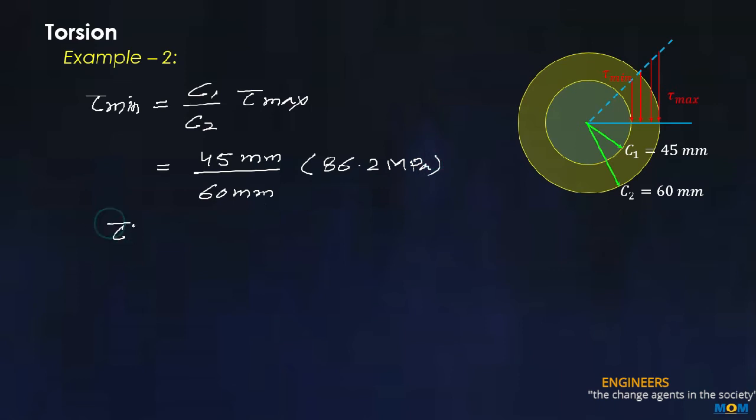Now after solving this, we get the value of tau minimum, which is 64.7 megapascal.